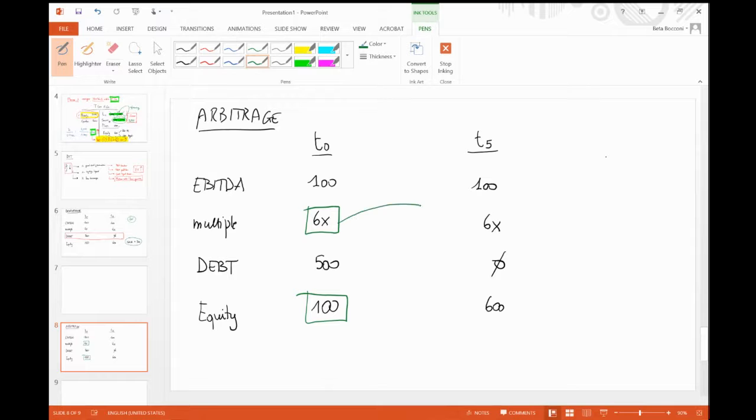So my bet is that in 5 years' time, for a number of reasons, the market will re-rate that specific sector, because in the meanwhile the sector has gone through transformations, has developed, and so at the end of the day, we can maybe assume that we can exit the investment in year 5 at 8 times EBITDA.